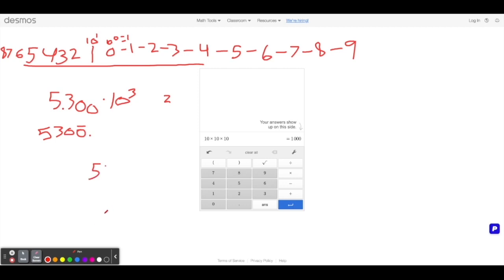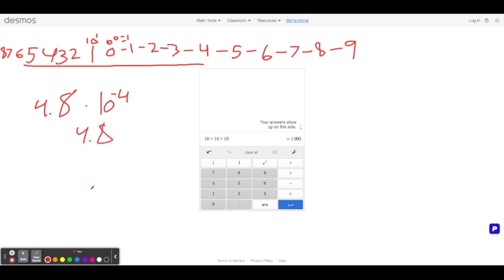A simple way to convert scientific notation to standard notation is to look at the exponent on the 10 and just move the decimal place by whatever that exponent is. One way to tell where you're going to move the decimal place is to look at a number line.